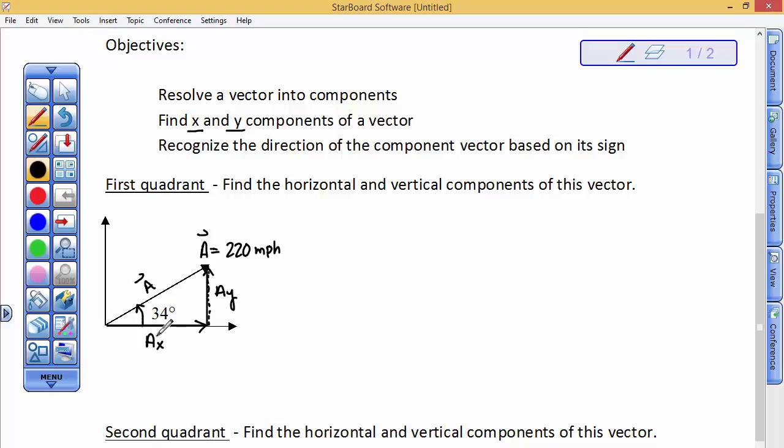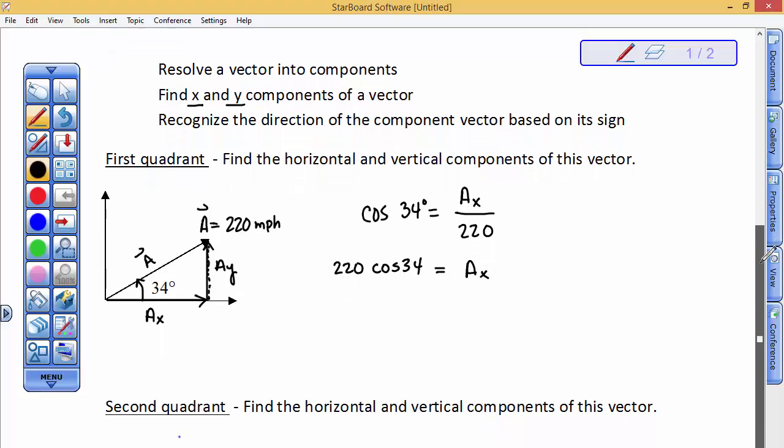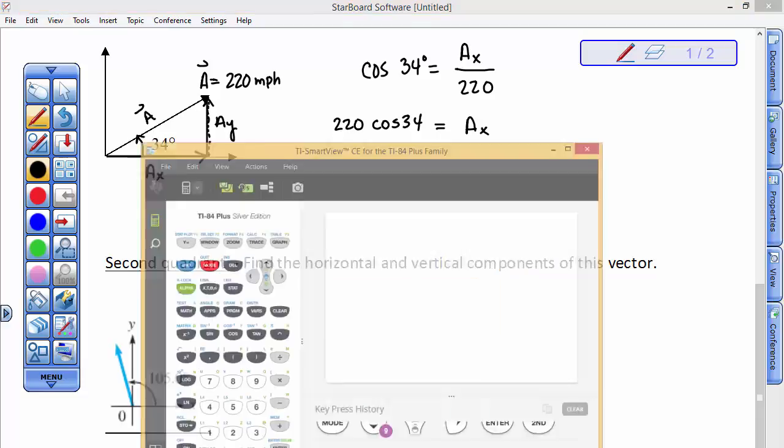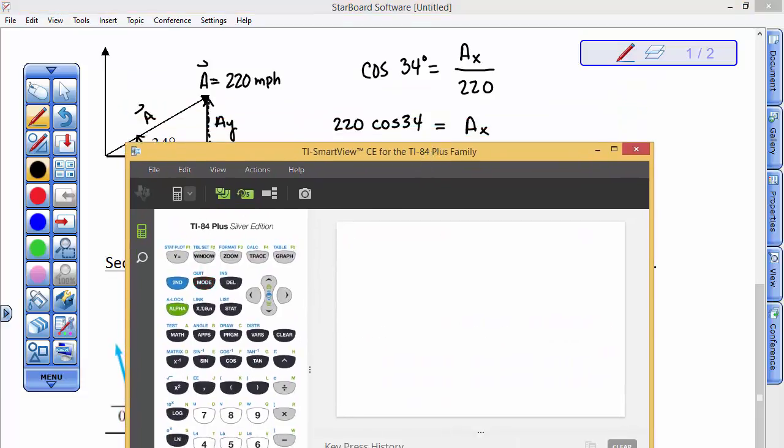So if I wanted to find the x component here, I would say that the cosine of 34 degrees is equal to the side adjacent over the hypotenuse. And then to find that x component, I'd move that 220, I'd multiply both sides by 220, and I'd get my calculator out and calculate what 220 times the cosine of 34 degrees is.